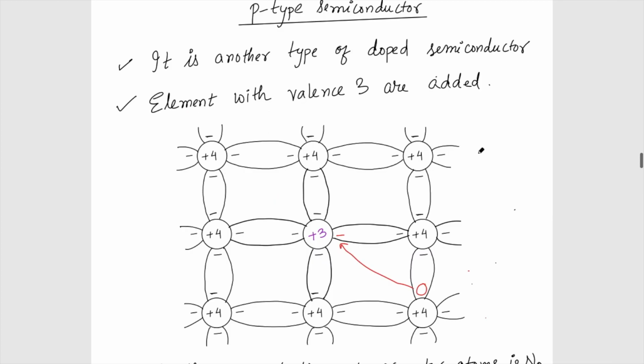So if you see here, in case of the p-type, if you remember, we need one electron here, right? Because there is a missing electron, there is a hole. So if an electron comes from the n side and occupies this space, that means there will be an imbalance in the charge and it will be a negatively charged substance.